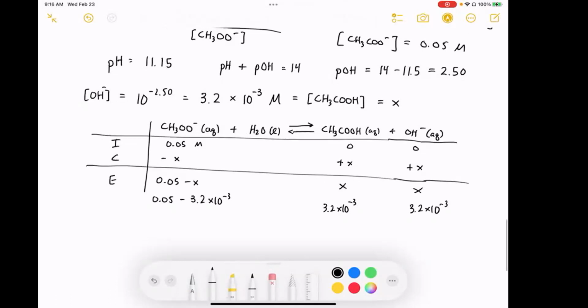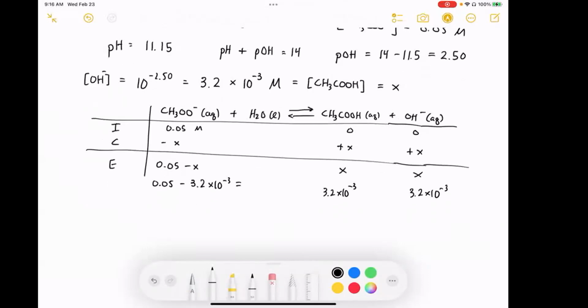So now we have all these values. We can plug them into our Kb expression. So let's first solve for the amount of acetate that remains, 0.05 minus 3.2 times 10 to the negative third, and we get 0.0468. Keep all the sig figs.